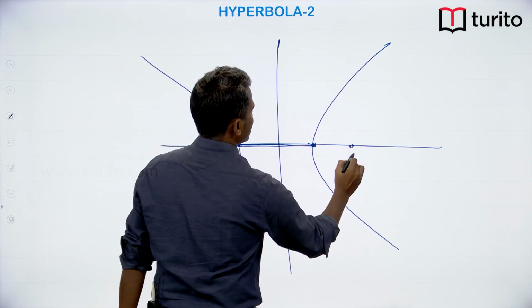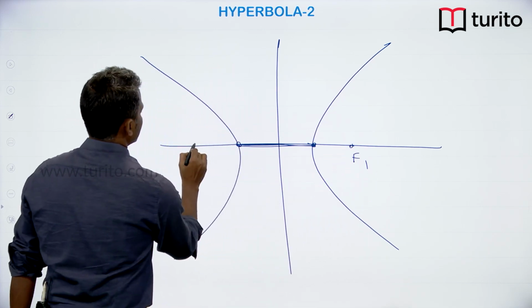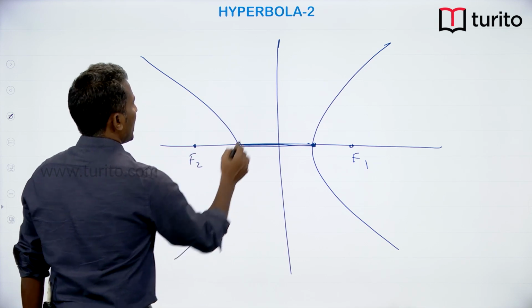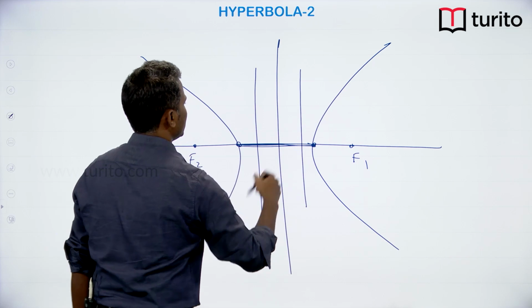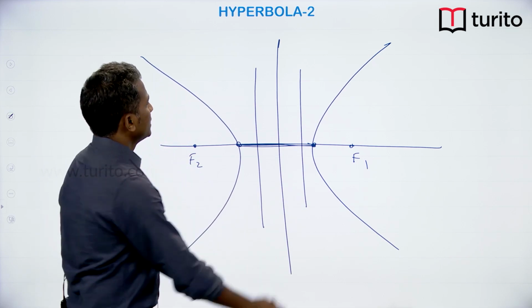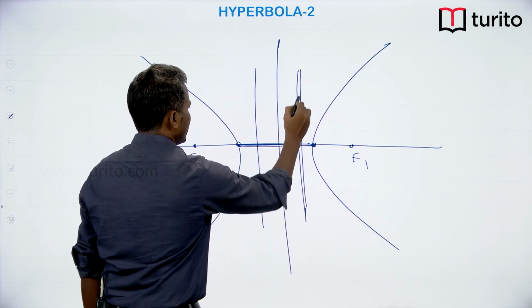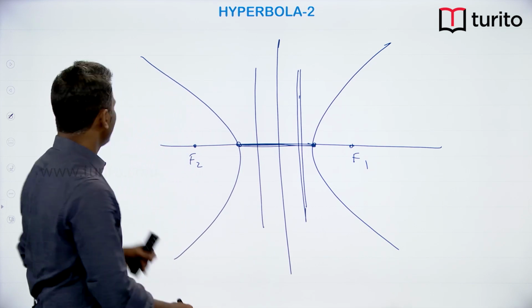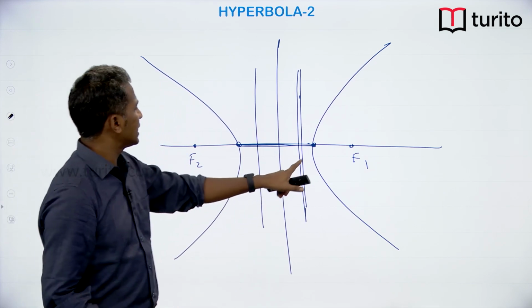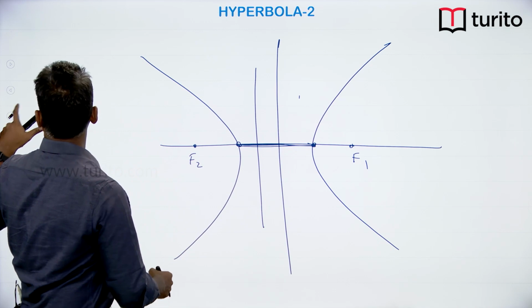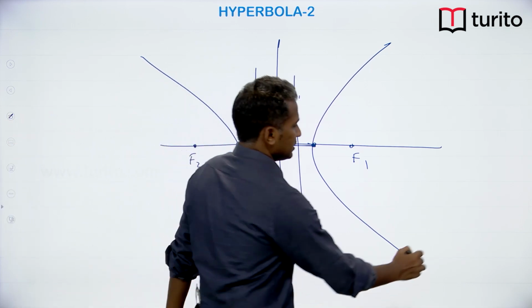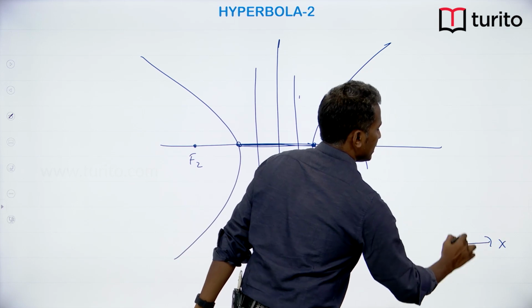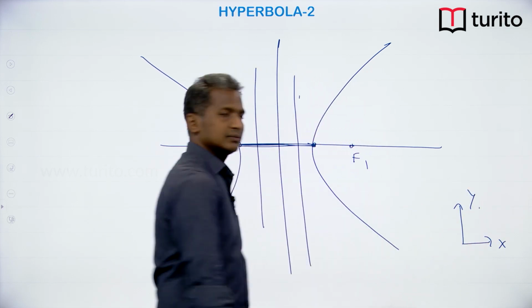This is let us say focus F1, this is focus F2, and here let us say we have one directrix and here another directrix. So, how do we calculate the required parameters? We have to take one standard x axis y axis setup. So, let us assume that this is our x axis direction and this is our y axis direction.